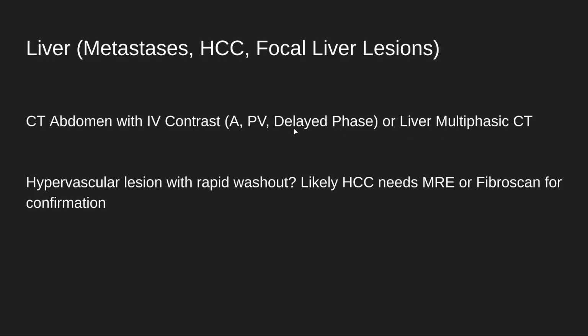If you suspect on the liver a hypervascular lesion with rapid washout of the contrast, meaning on delayed phase, then it's likely HCC. But in general, you will never confirm HCC through CT. There's suspicion of HCC or cirrhotic liver, but in order to confirm it, you need MRE or fibroscan. So again, the liver is very simple. You need a triphasic CT in general.